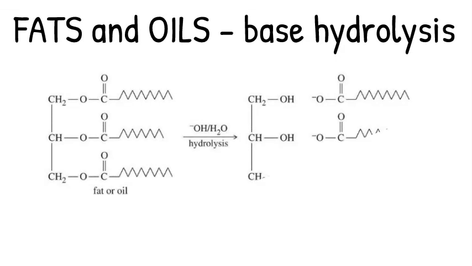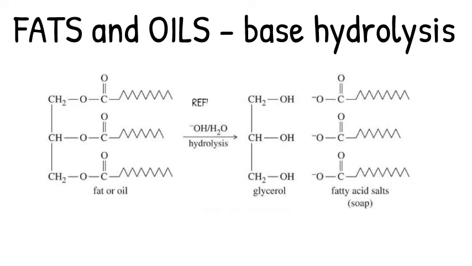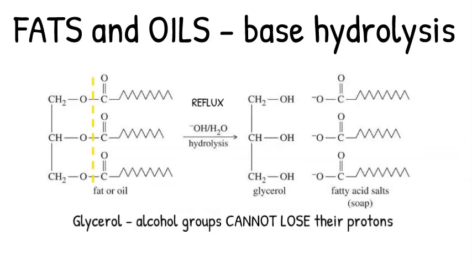Let's now have a look at the base hydrolysis of fats and oils, which is slightly different. Again, we need reflux to make sure this reaction happens. We need to find the 3 ester groups in the fat, and we need to draw a line down the middle of them to show where we're going to break them apart. As usual, we form glycerol because alcohol groups cannot lose their protons.